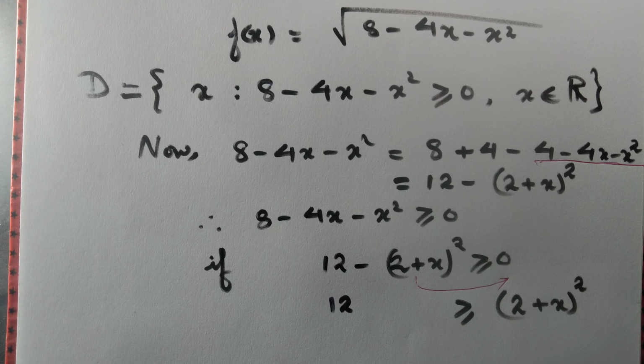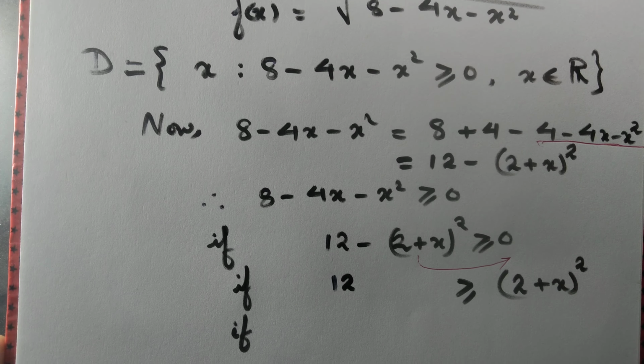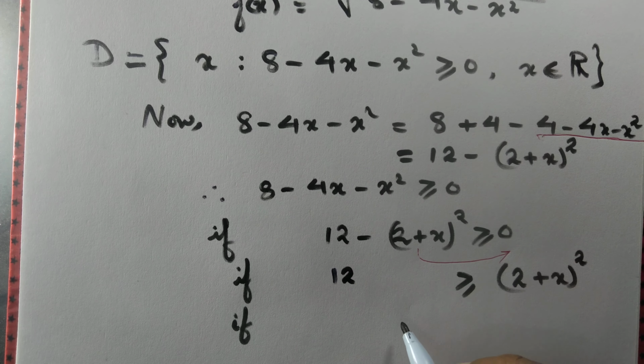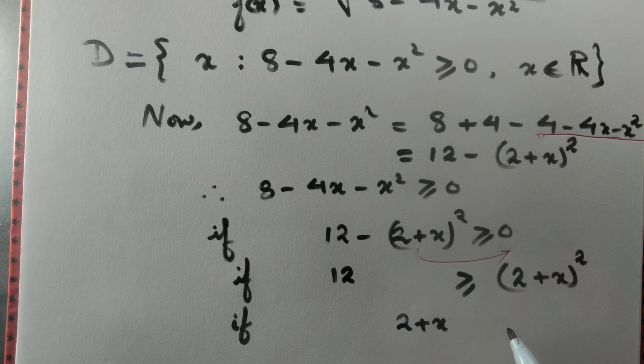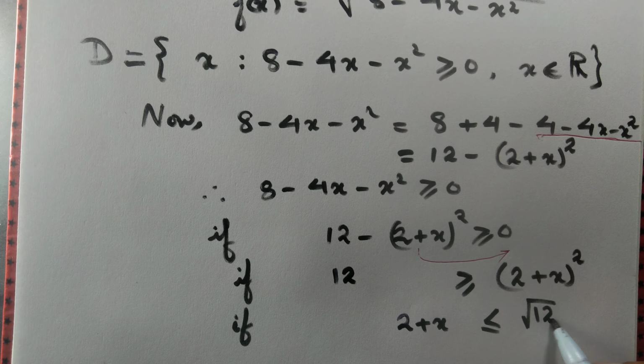Now (2 plus x) whole thing square is positive or 0. So we have two cases. If it were positive, 2 plus x has to be less than or equal to root 12.